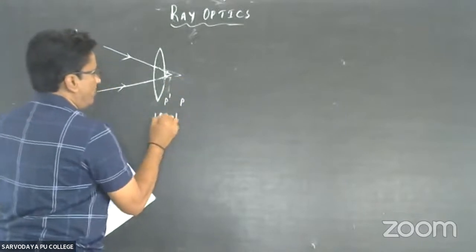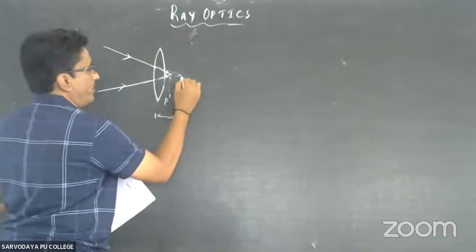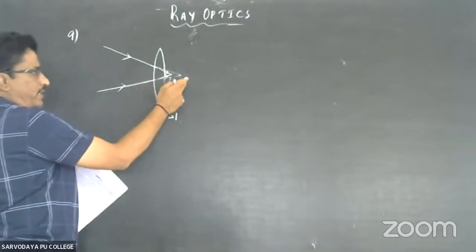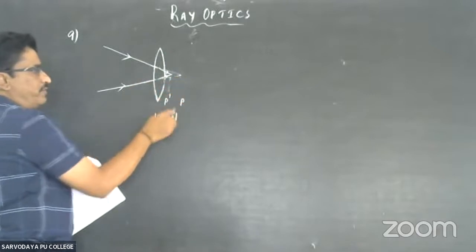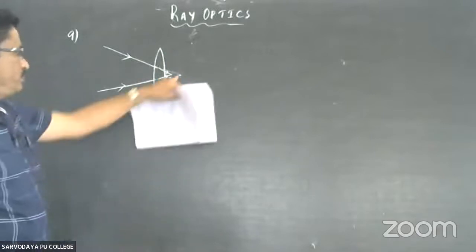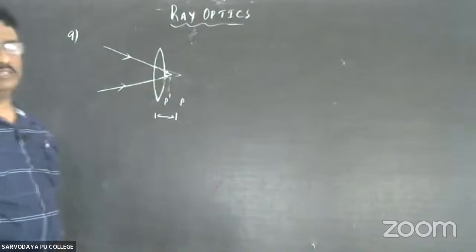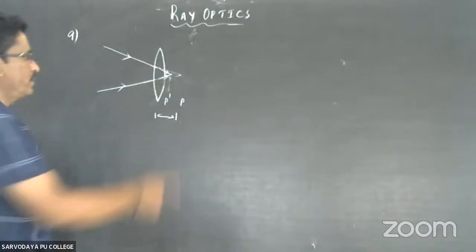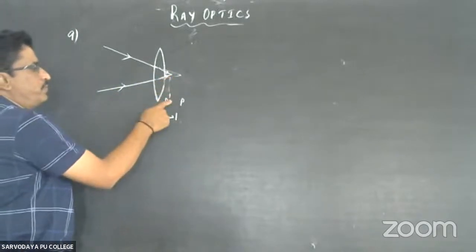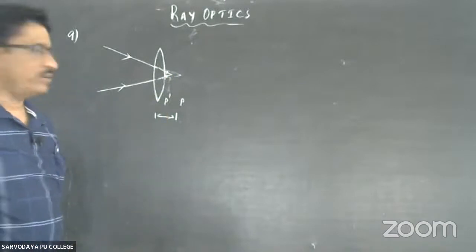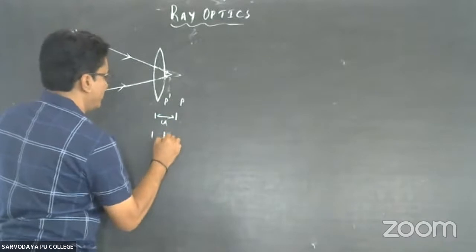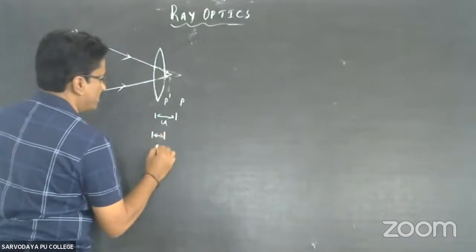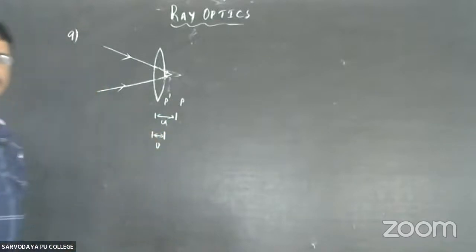Now, the point P, where the rays would actually converge in the absence of the lens, becomes the position of the virtual object, and this one becomes the position of the real image. Therefore, this distance is u, and this distance is v.